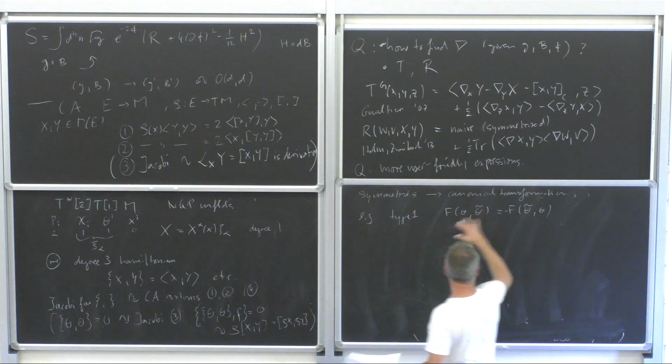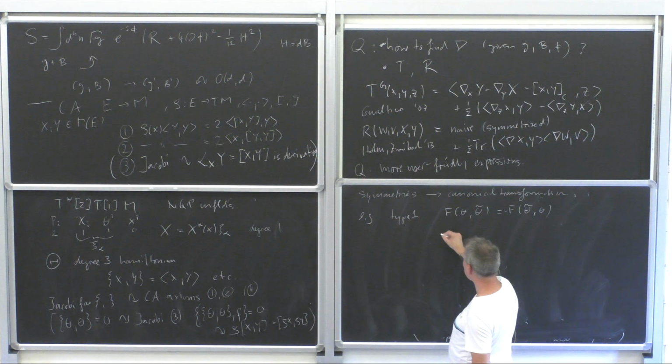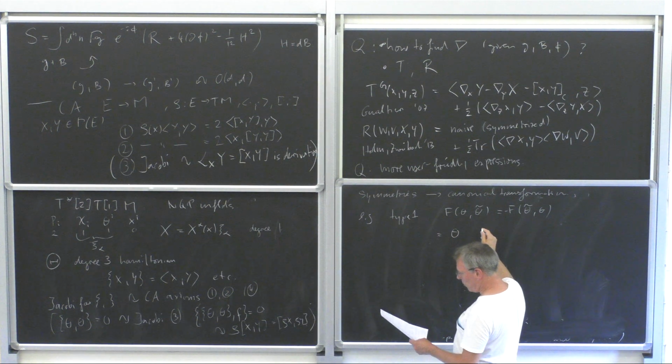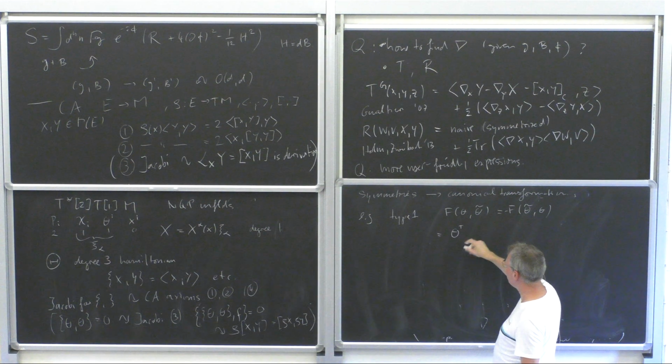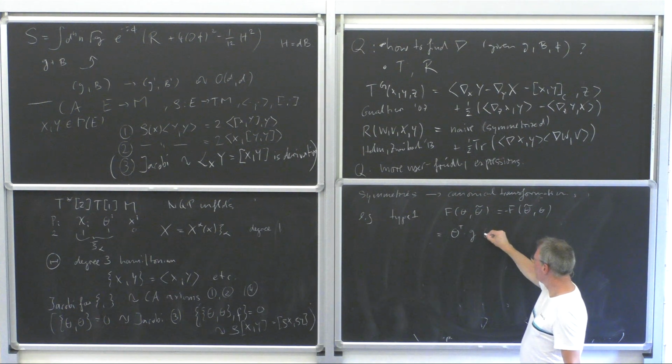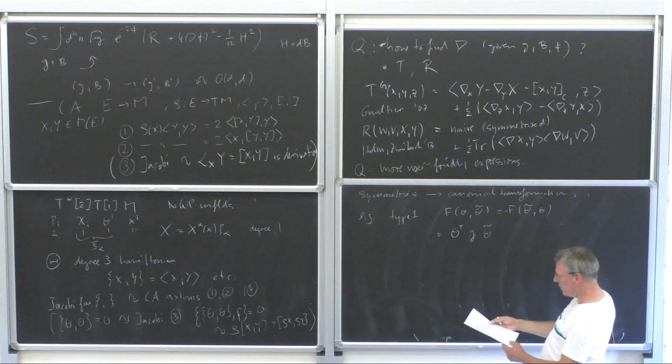Well, if you try to write down the most general thing that is of that form, given the data, you will have one part, just think of this as a vector, theta transpose, and you need some symmetric matrix, theta twiddle.